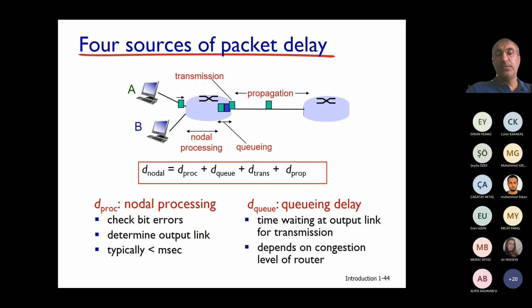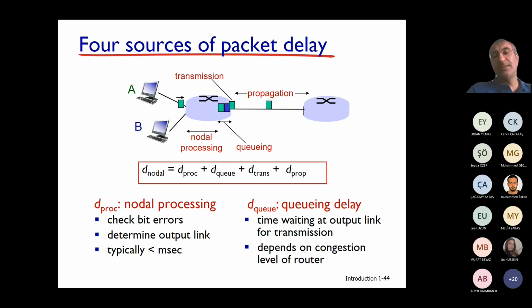Four sources of packet delay. When you talk about the delay, we have 4 parts. The total delay is called d nodal, which is equal to d processing plus d queue plus d transmission plus d propagation. So this d processing, as the name implies, is the delay that takes place during the processing. And then we have the queue delay, as I mentioned. When the queue happens, the packets wait.